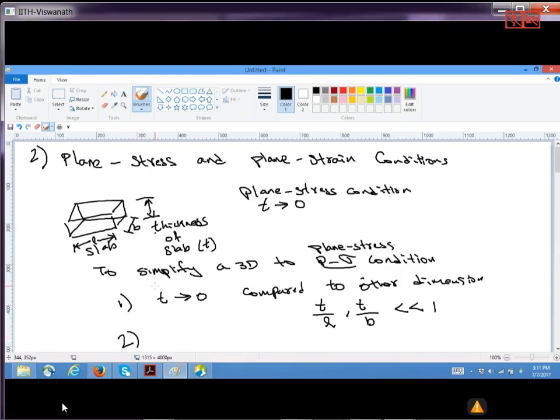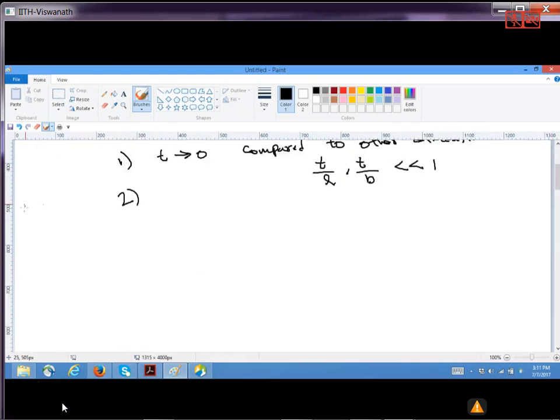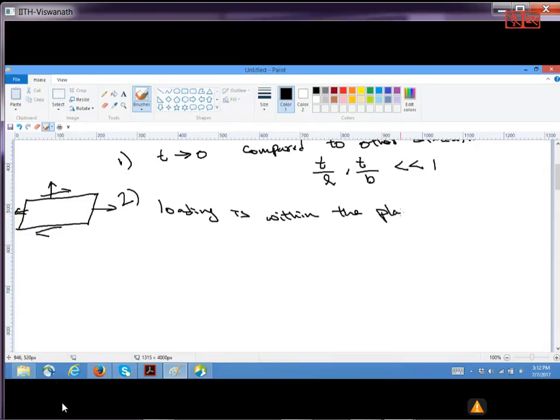Second, the loading. Since there is no thickness direction, the loading should also be within the plane. What is the plane? This is our plane, like a sheet of paper.